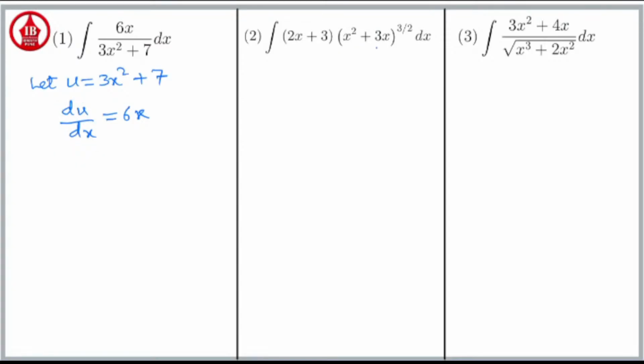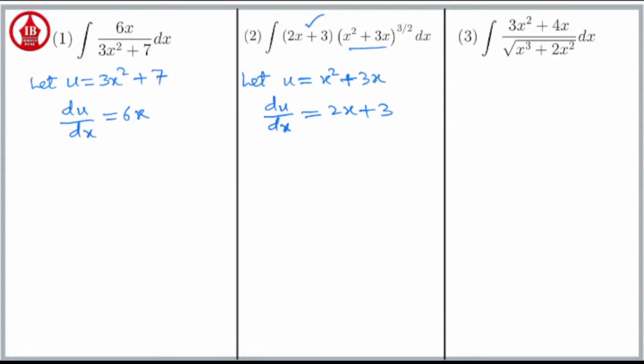Similarly, in the second question, you have to take this one as u. So let u equal x squared plus 3x, because its derivative will be the remaining term. Du by dx will be 2x plus 3, which is already here.